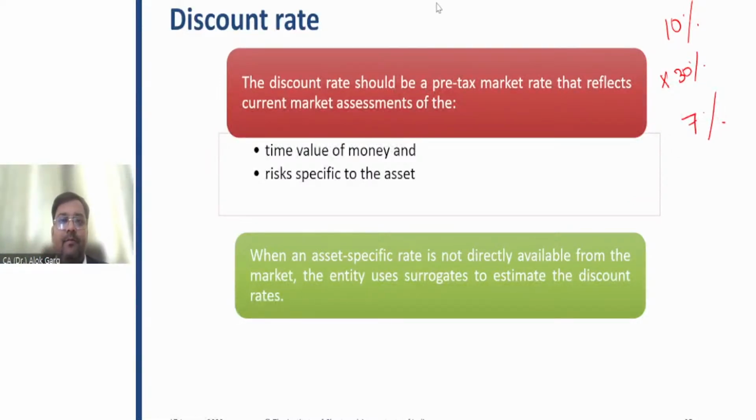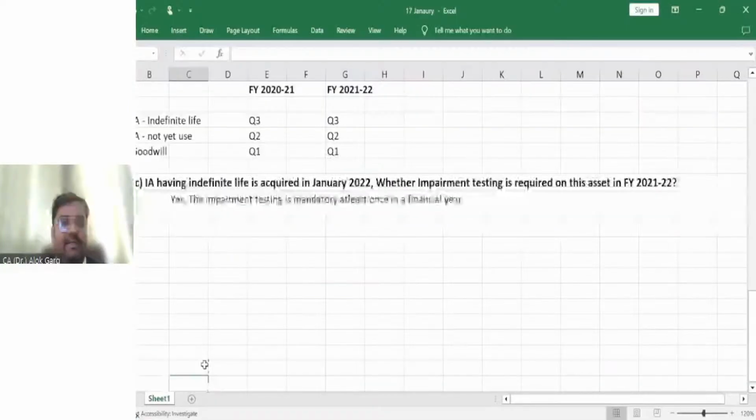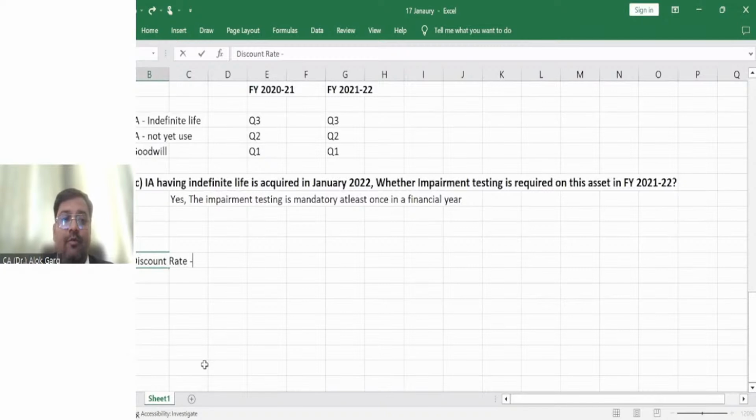Let's say, please let me know if my Excel file is visible. For the discount rate, it says that the discount rate should always be the pre-tax rate. In the question, let's say the post-tax rate is given, for example, 7%.